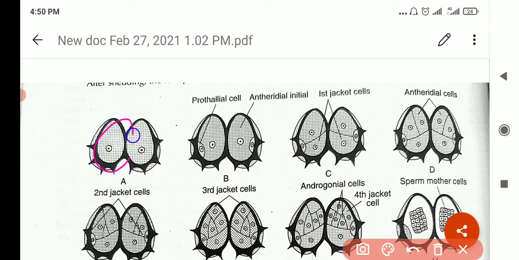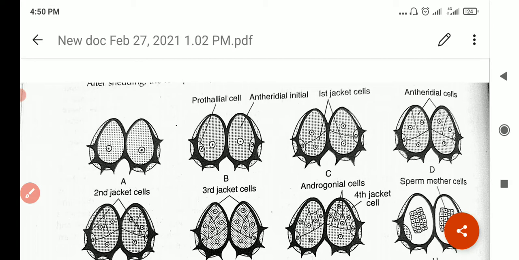They have opened up the microspore, and you see a big antheridial initial, this big cell, and one small prothallial cell. The small one is the prothallial cell and the big one is the antheridial cell. It's easy from the diagram.